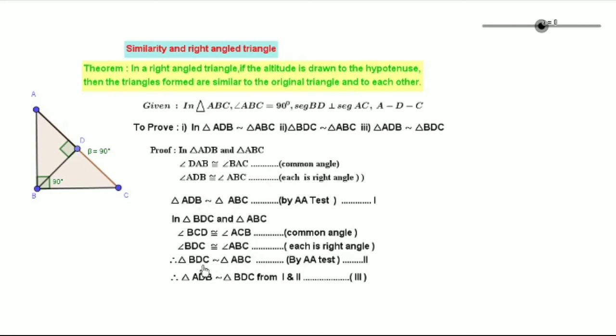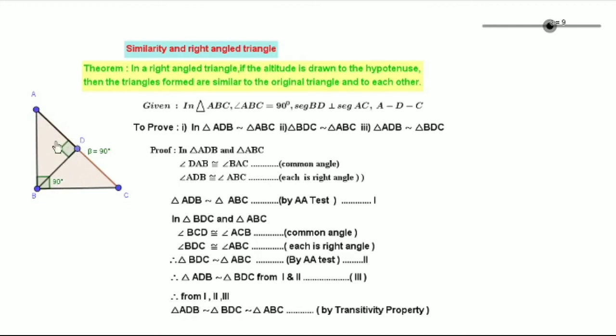By using the transitivity property of similarity, if the first triangle is similar to the second and the second is similar to the third, then the first triangle is similar to the third. So triangle ADB is similar to triangle ABC, triangle ABC is similar to triangle BDC. Therefore, triangle ADB is also similar to triangle BDC. That is, these two triangles formed are similar to each other. That we had to prove.